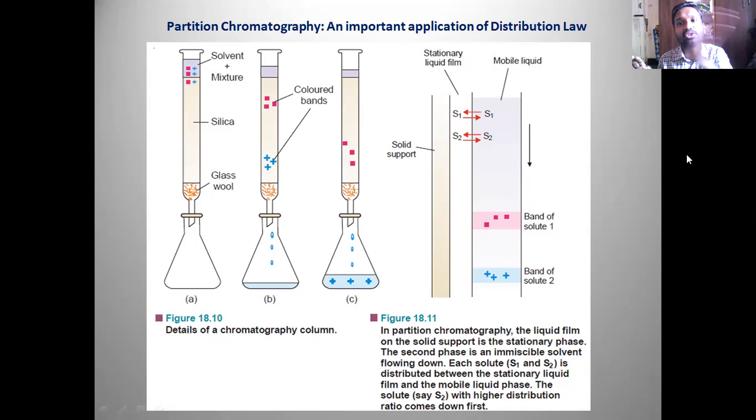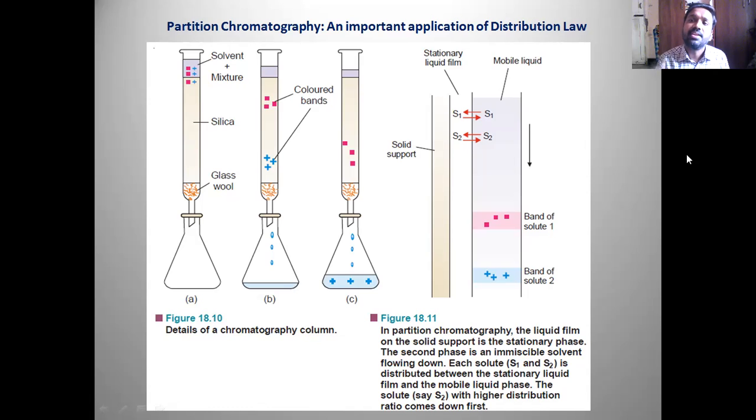Is it not? Because it is more soluble in our organic phase, it dissolves in the organic phase and comes out first. The compound which has a lower value of K in favor of the organic mobile phase will stick more to the silica gel, but that doesn't mean it will permanently stay with the silica gel. For that, you have to use large volumes of mobile phase and a longer duration.